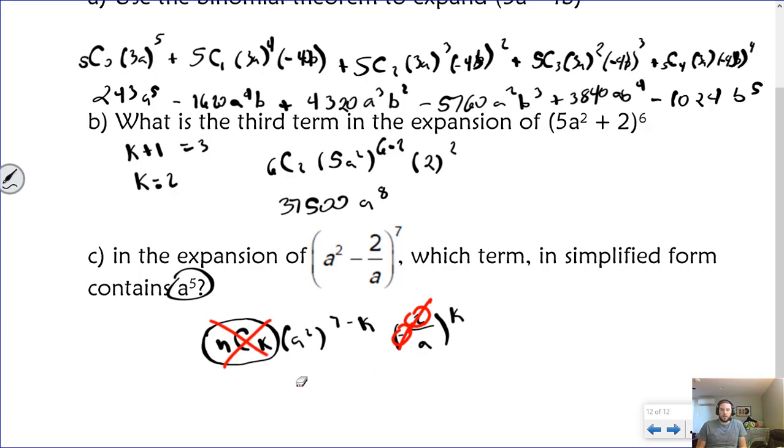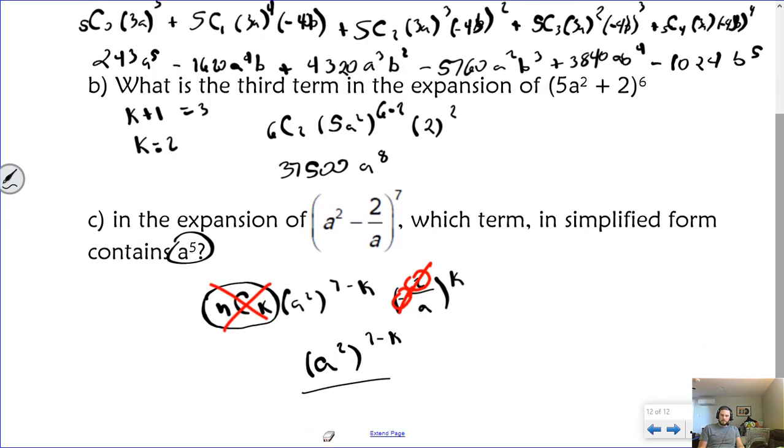So now what I know is that when I multiply these things, I'm going to get a squared to the power 7 minus k over a to the k. So now what I need to do is figure out, well, when will this thing equal 5? So if we use our exponent laws, right, this is going to be a to the 14, right?